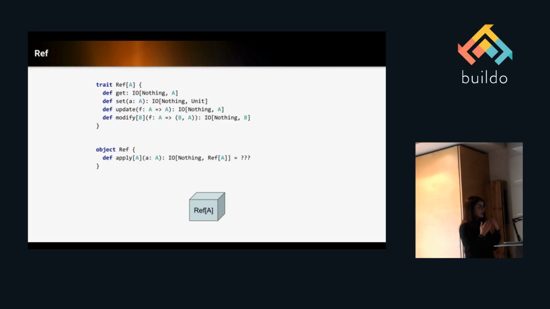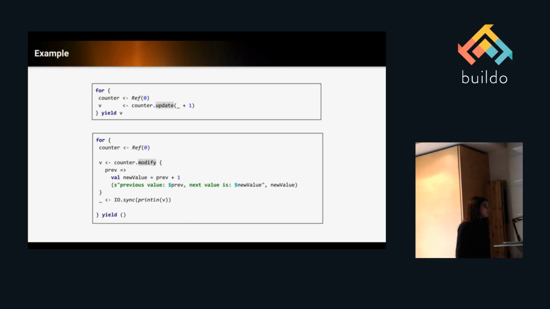So modify is powerful because it will avoid race conditions. You can do your computation with the previous state and update it at the same time. And in order to create a value of type Ref, you can call apply inside the companion object with a given value.